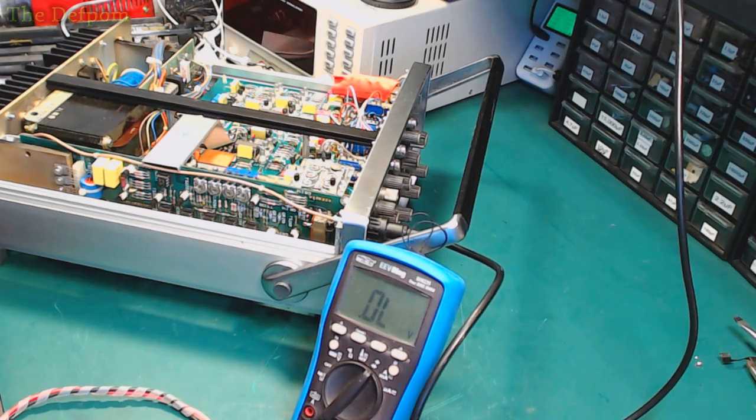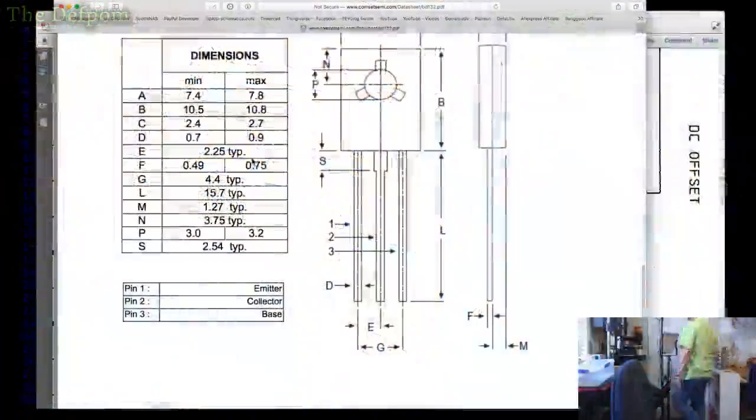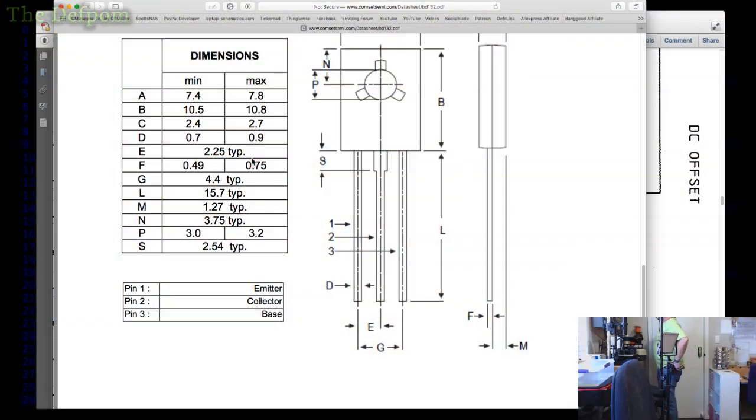See if I've got one of these. I might have one. No. Looks like I don't have one.